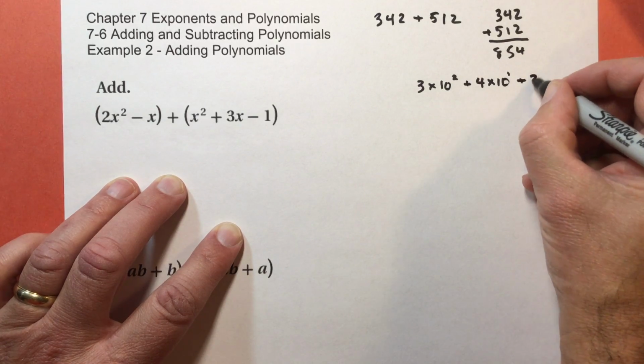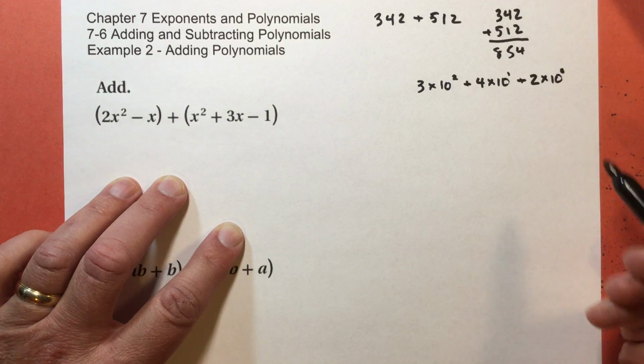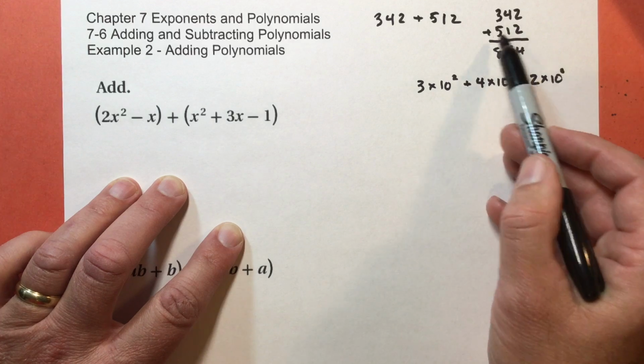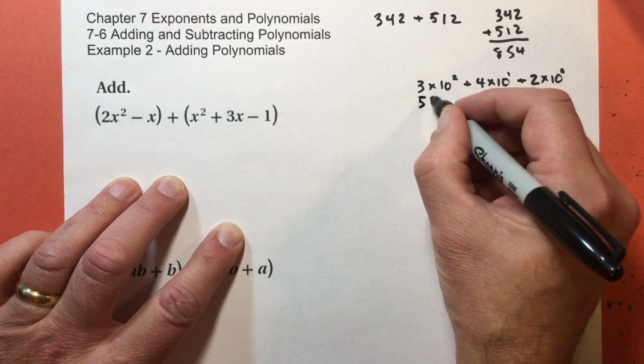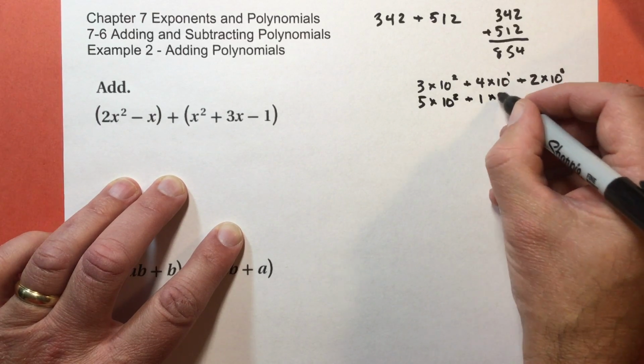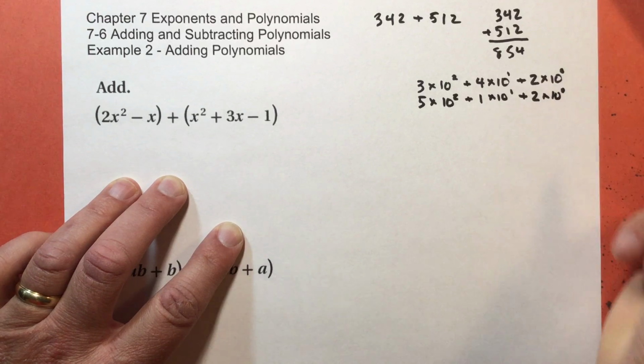And then, of course, I got 2 times 10 to what we call the 0 power. Anything to the 0 power equals 1. So this is 342. For the 512, that would be 5 times 10 to the second power, plus 1 times 10 to the first power, plus 2 times 10 to the 0 power.